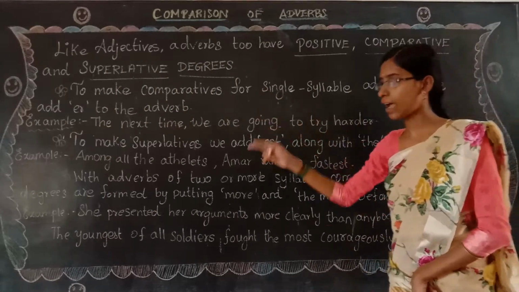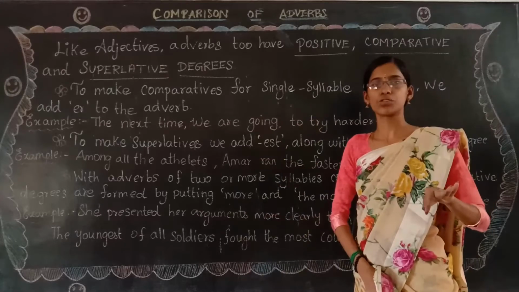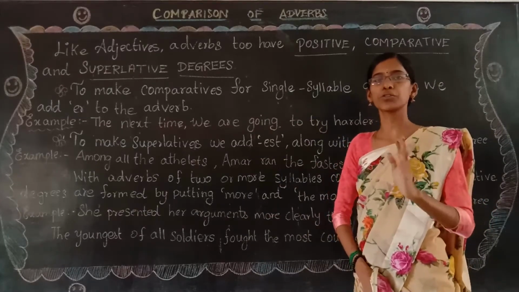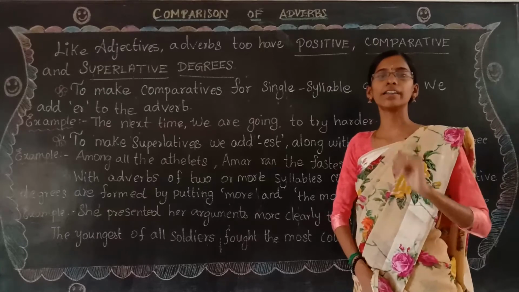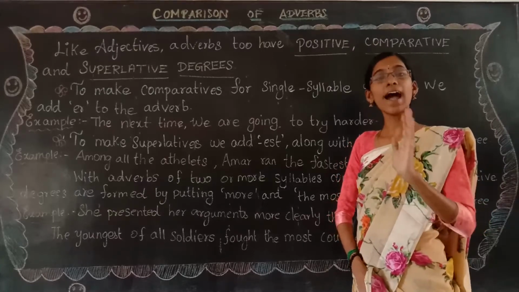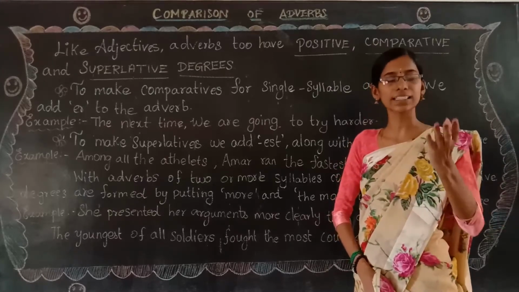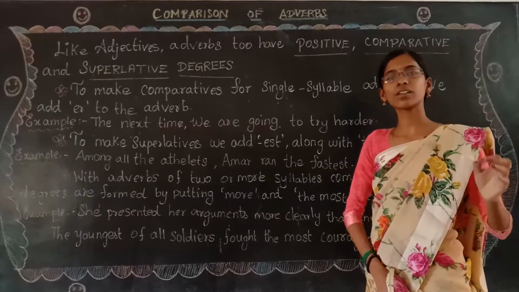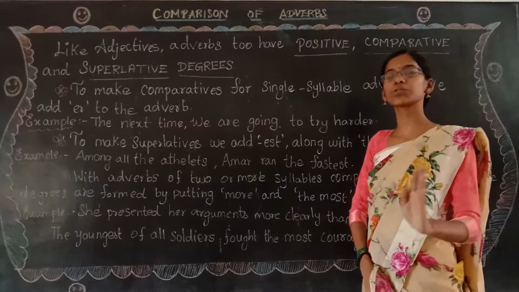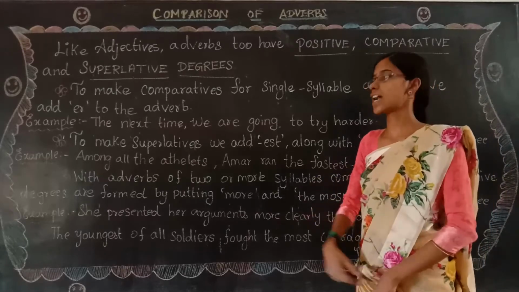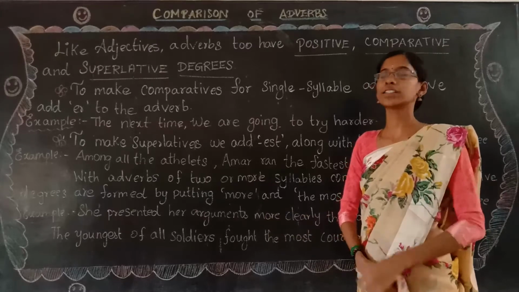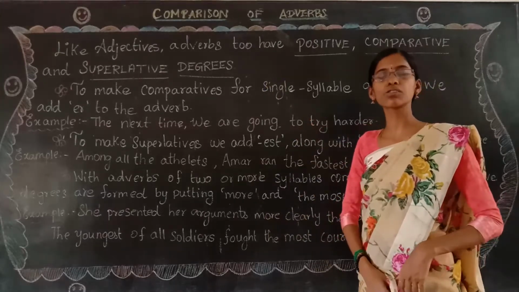Here I have written 3 basic rules. You have to know in what situation we use ER with the adverb word, not the adjective word, or in what situation we use EST with the adverb word. These are the 3 simple rules, just learn them by heart to know about the comparison of adverbs.